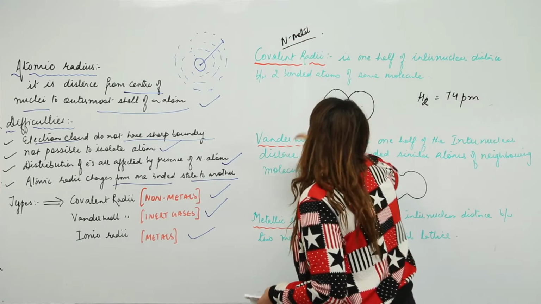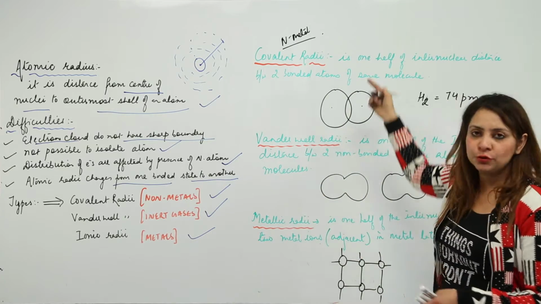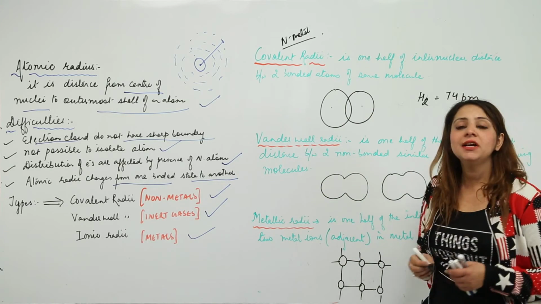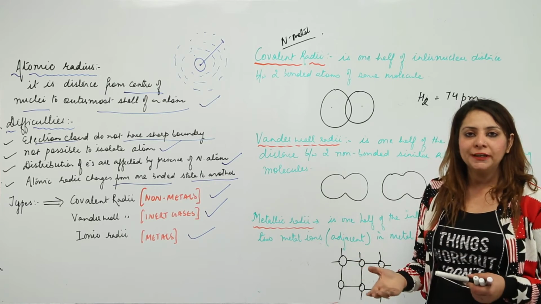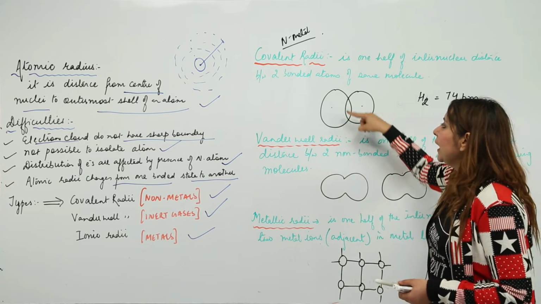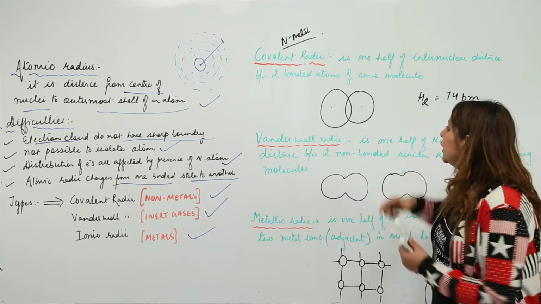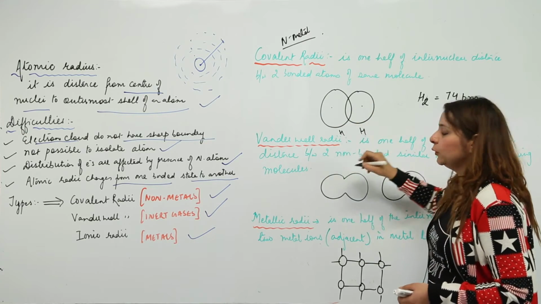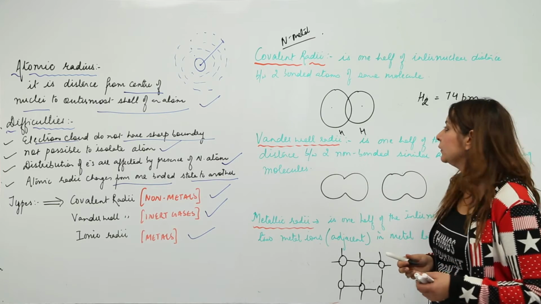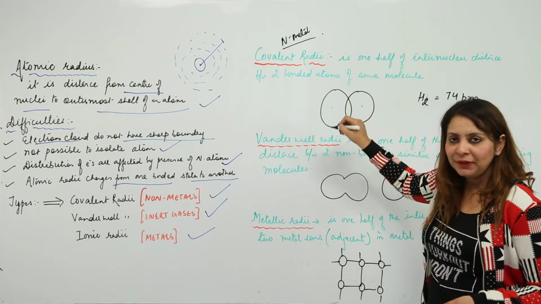So what is it? I'll just explain the figure, then we'll come to the definition. Whenever a covalent bond is formed, which is mainly formed by non-metals, it is formed by the overlapping of the orbitals, like I have shown here. Let's say this is a hydrogen molecule formed by the combination of two hydrogen atoms. So this kind of overlapping occurs.